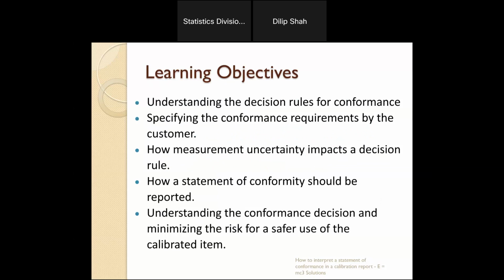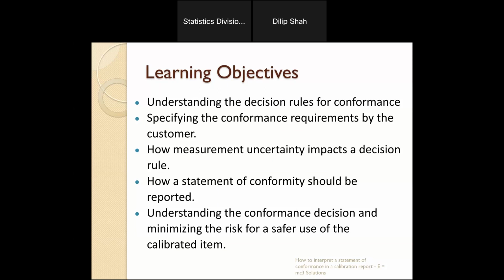All right, so our learning objectives. The conformity decision is going to be based on a decision rule we apply for the conformance. And then that conformance requirement has to come from the customer. As I said, the laboratory, the supplier that was the expert is still an expert, but they have to know your specific requirements.